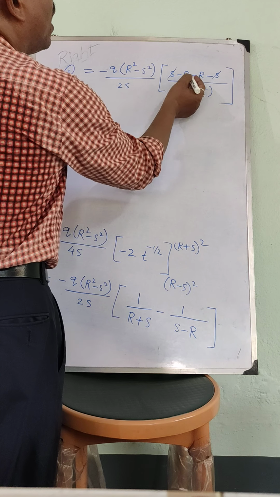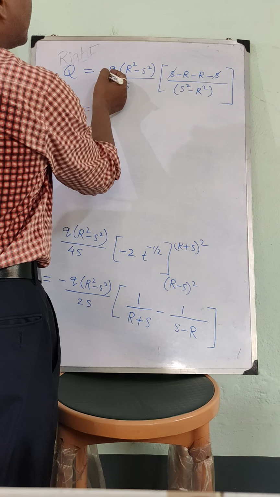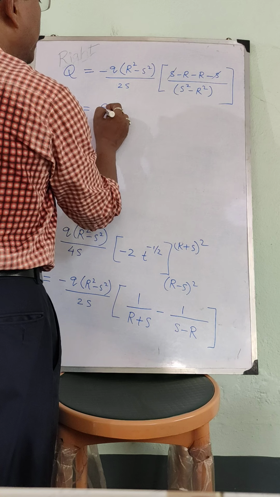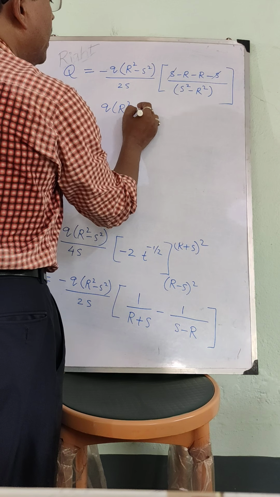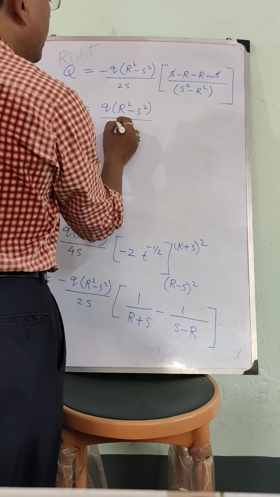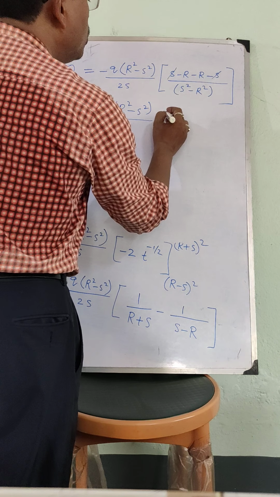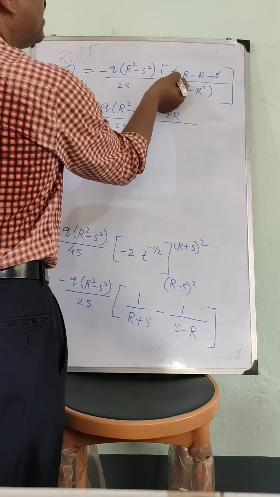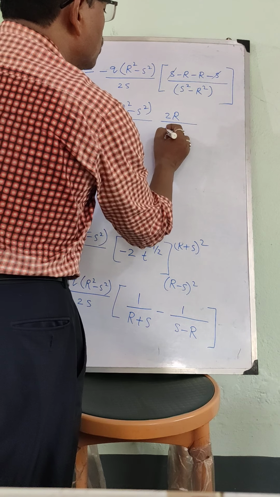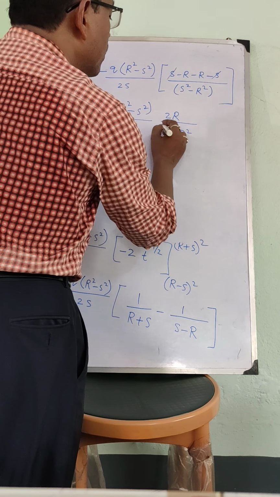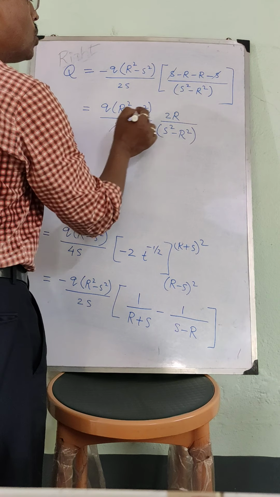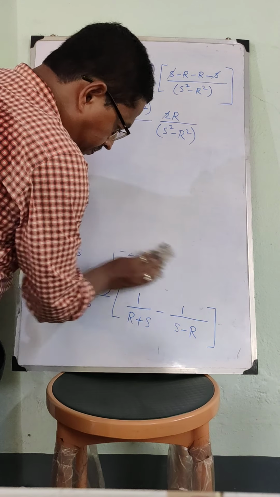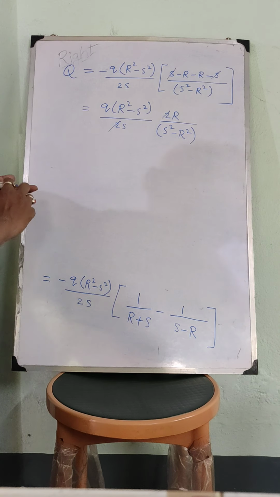Now this minus 2r, this minus will make this plus. So we'll have q r square minus s square divided by 2s into 2r divided by, that minus and this minus make it plus, so s square minus r square. Now these two cancel.